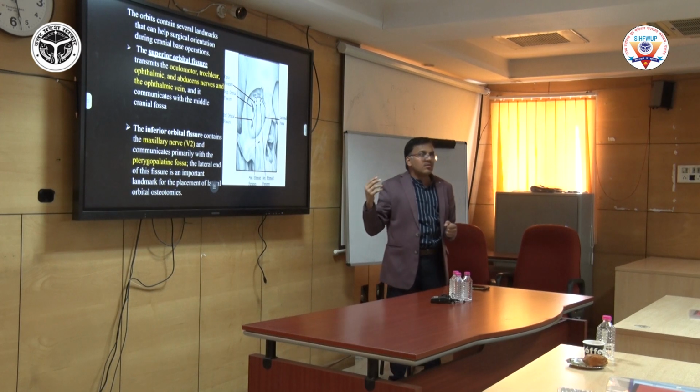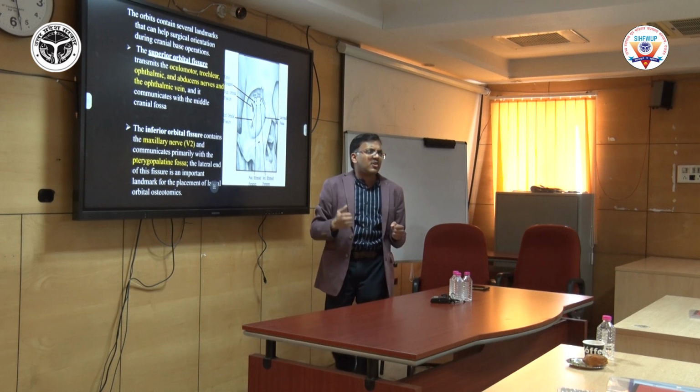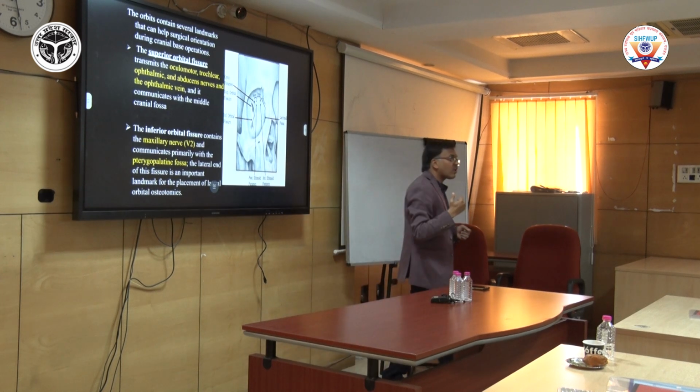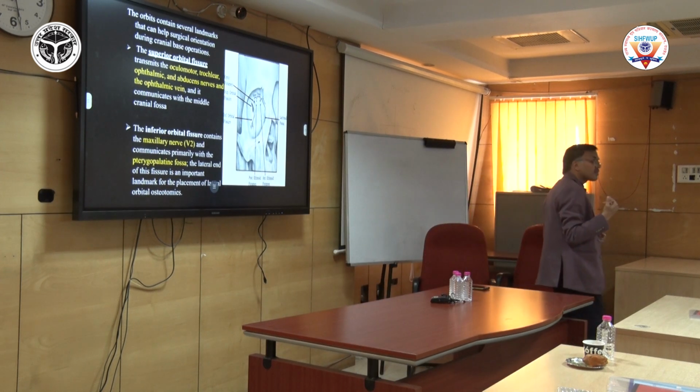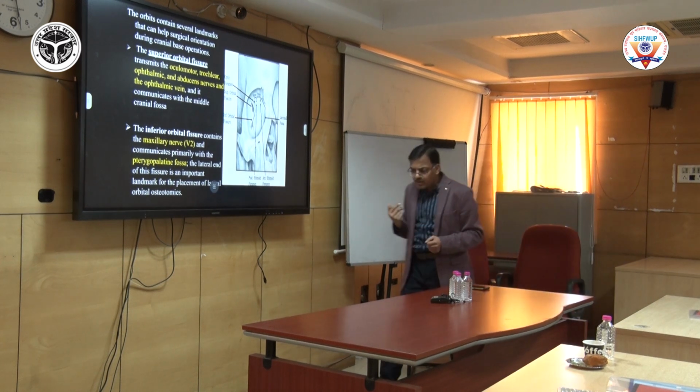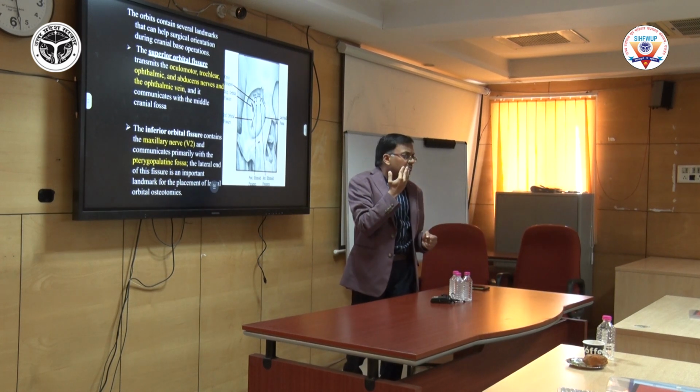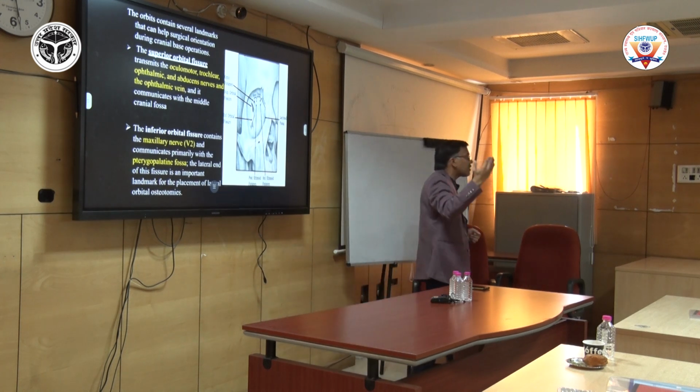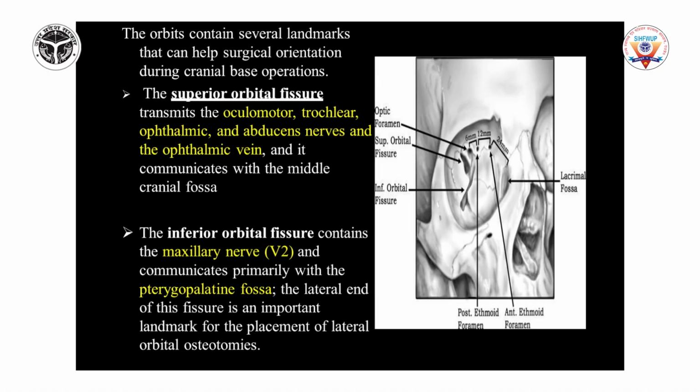Then what is the importance of the anterior ethmoidal foramen and posterior ethmoidal foramen? Why am I bothering about this when we are talking about skull base? Because whenever we are doing basic surgery for sinusitis, frontal sinusitis, when we are widening the opening of the frontal sinus, the anterior ethmoidal artery matters.